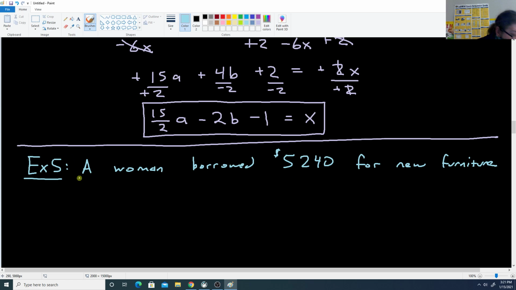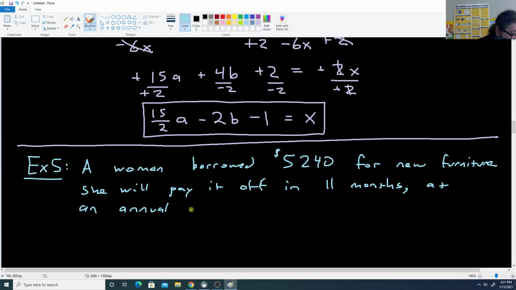She will pay it off in 11 months at an annual interest rate of 4.5%. And we'll say, how much interest does she pay?